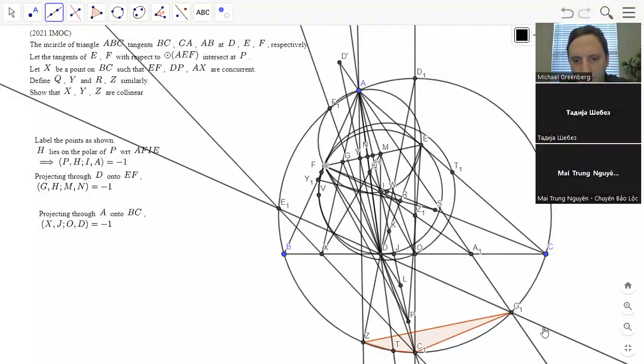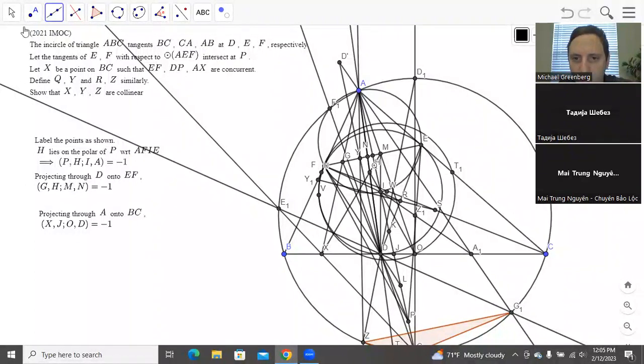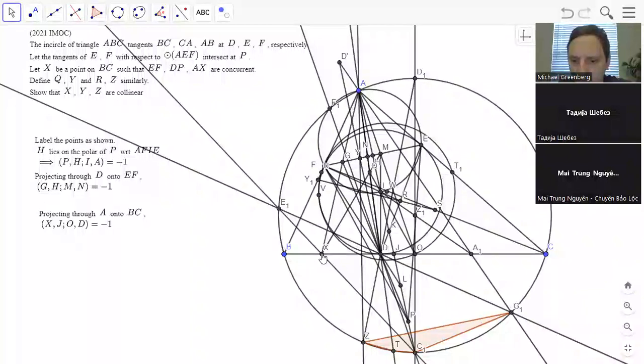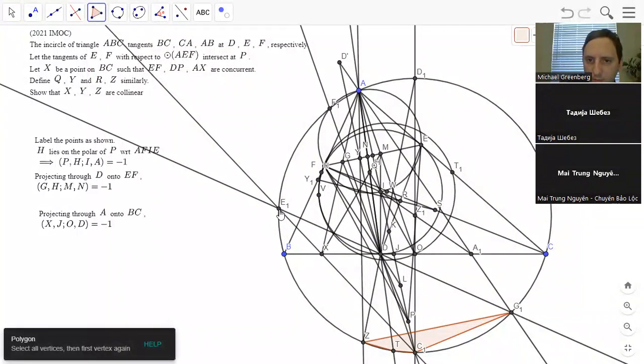How does that follow? Is it because first we have XJ and DO? Where is X? Oh, this X, sorry. And then we projected to O. And then E1, F1, A, D1 is harmonic.